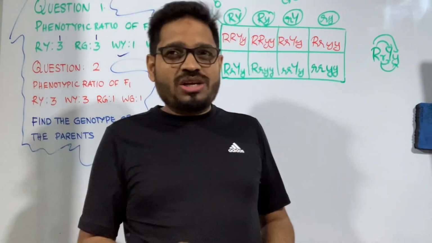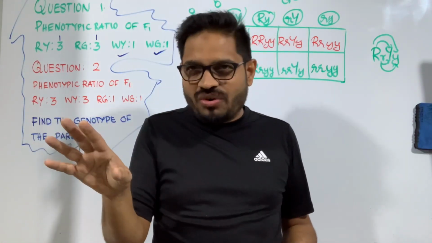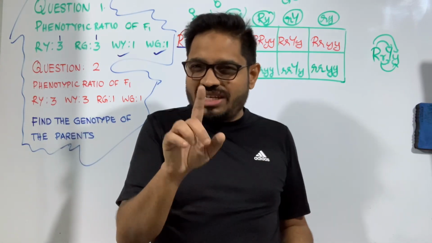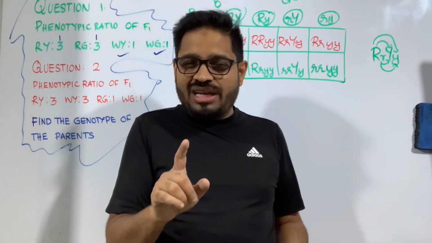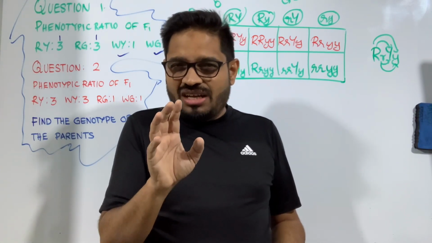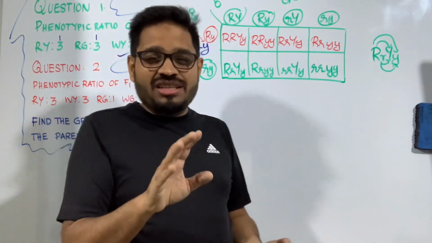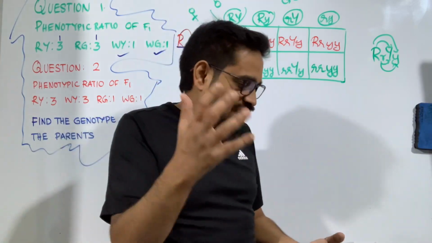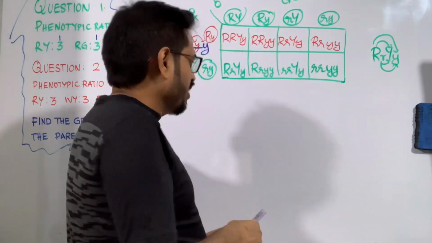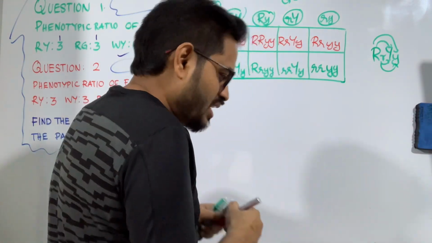Sometimes we get questions where 4 cross 4 members, 16 offsprings will be there, in which the question may not tell us the exact ratio. Rather, the question will give certain numbers to trouble us. Let me give an example. Look, here we get such questions.